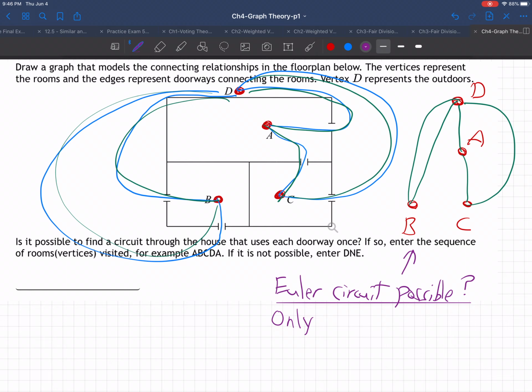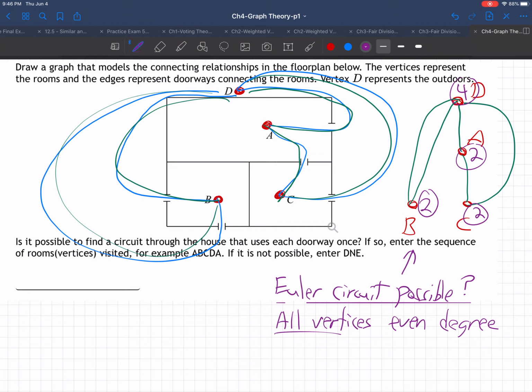Only, let's just say, all vertices, oops, spelling that wrong, even degree. Let's see it. This is a 2, right? There's 2 lines hitting at that point, 2 lines hitting at that point. What do we got? 4 lines hitting at this point, 2 at that one. Look at that. All of the degrees, every vertex has an even degree.